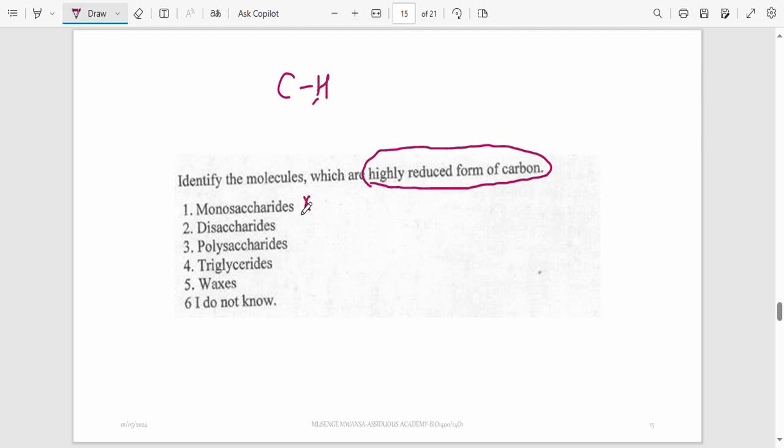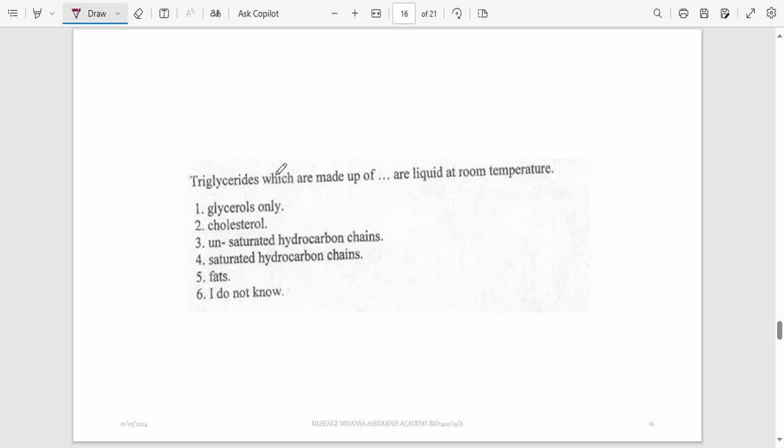Obviously not monosaccharide because monosaccharide has got fewer bonds than disaccharides. Triglycerides have got a lot of carbon to hydrogen bonds. Same with waxes, same with polysaccharides. But polysaccharides don't end; the molecule continues going on and on, so we don't have a specific number of chains at the end.